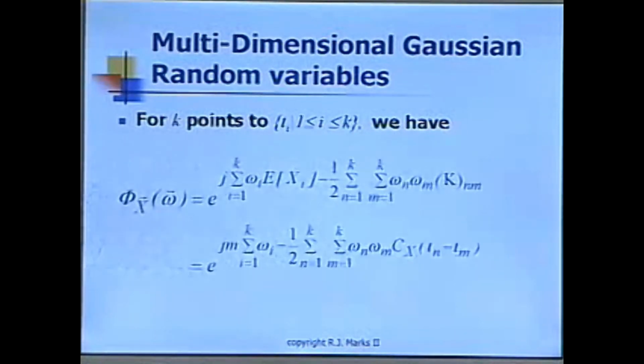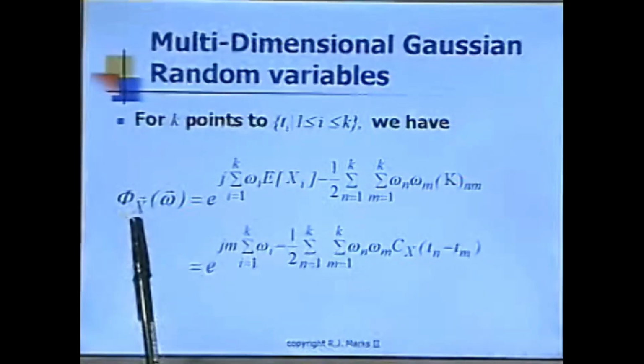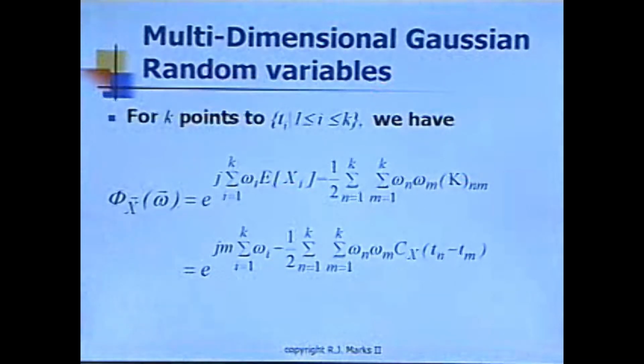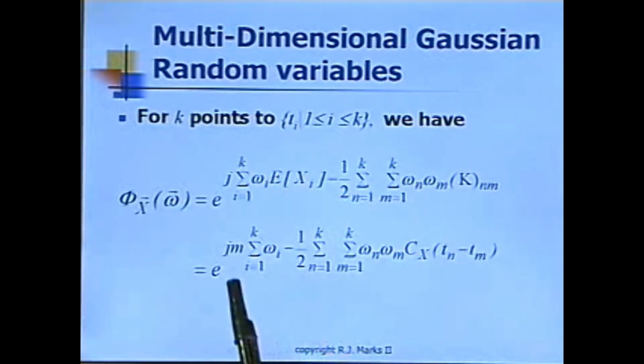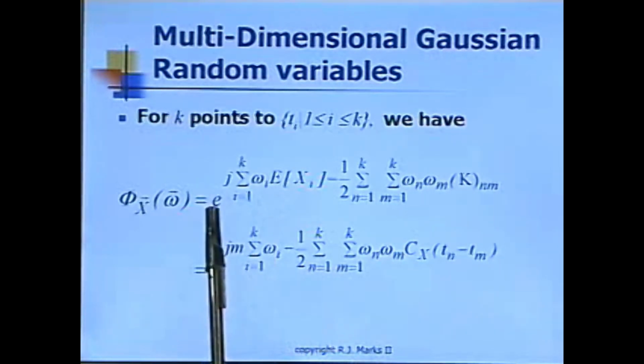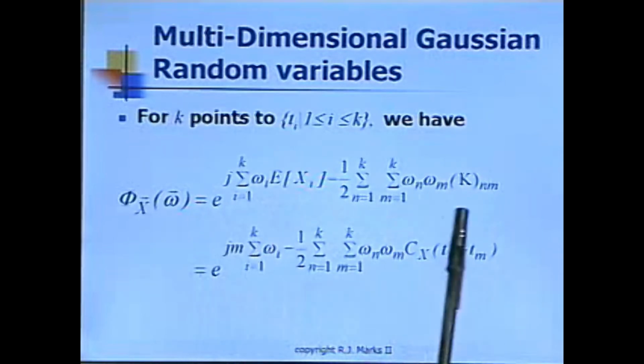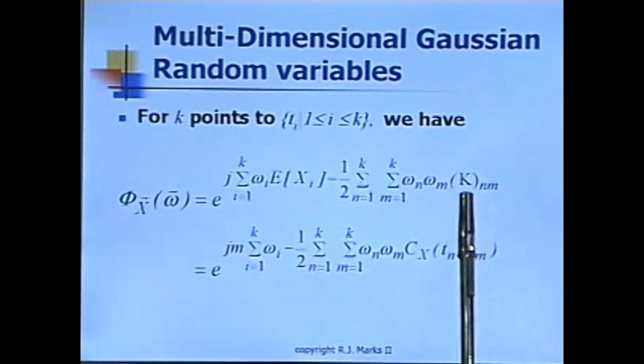So if we have the k points, here's what we have. We have the characteristic function for the random vector, which was chosen from the samples of the points from the stochastic process. This is a repeat of exactly what we did last time for a general Gaussian vector. Now we're going to impose that this Gaussian vector came from samples of a Gaussian process that was wide sense stationary.